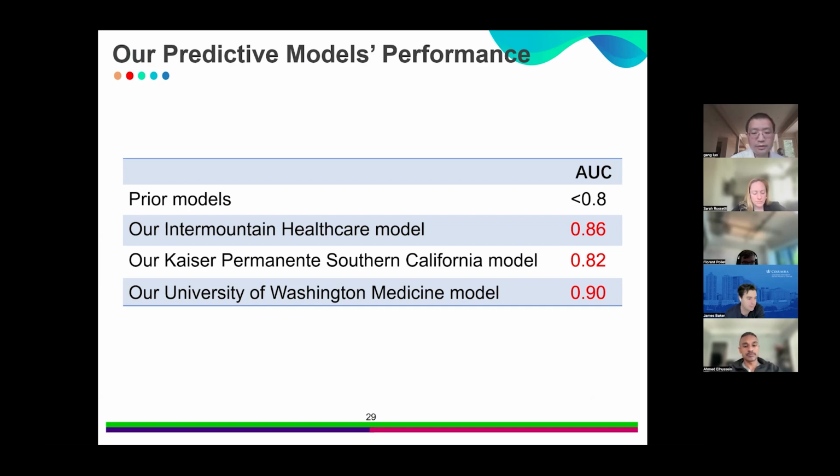Across all those three sites, the patient characteristics vary a lot. So that's the reason we suspect that at different sites, even if we use the same computer science approach to build a model, the AUC we get is different. And also those different sites manage patients very differently. For example, Kaiser Permanente Southern California has a very special program.